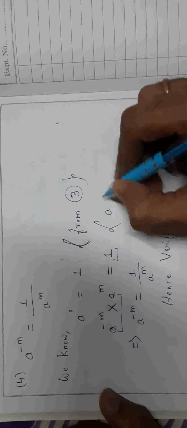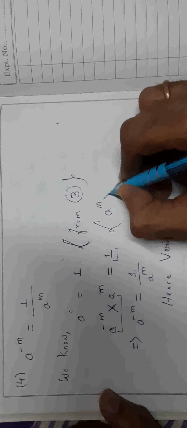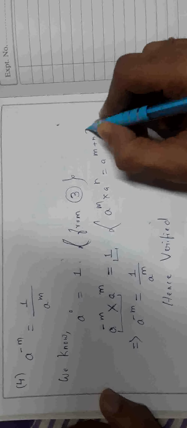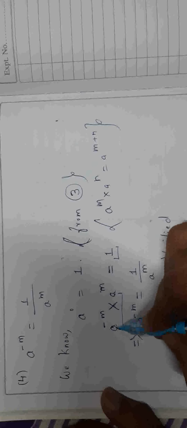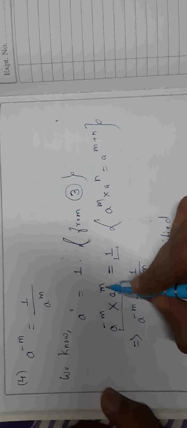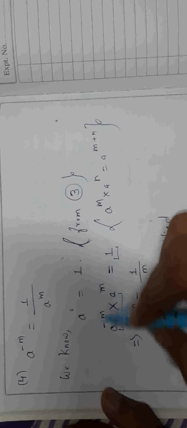Now instead of a to the power 0, I can write a to the power minus m into a to the power plus m. This comes from the formula a to the power m into a to the power n, whose formula is a to the power m plus n. So using the first law of exponent, we get a to the power minus m into a to the power m equal to a to the power minus m plus m.